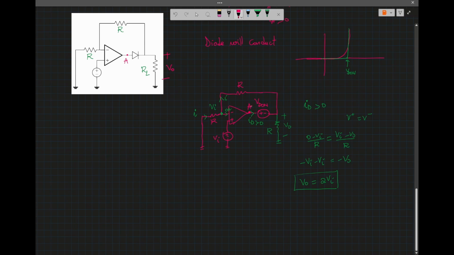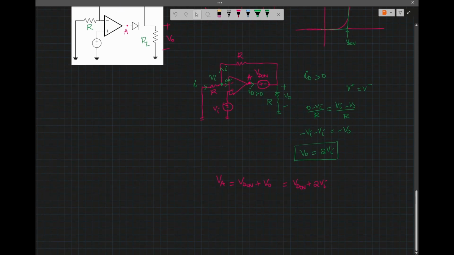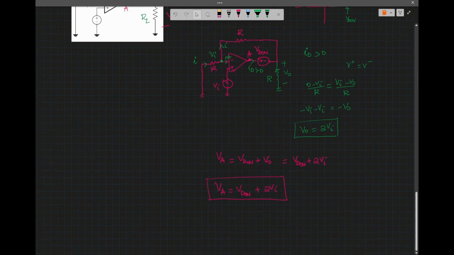This is the point A. So VA will be equal to VD on plus V0, which is VD on plus 2Vi. So whatever Vi is, if I say positive voltage when the diode conducts, then VA will be equal to VD on, which is mostly 0.7, plus 2Vi.